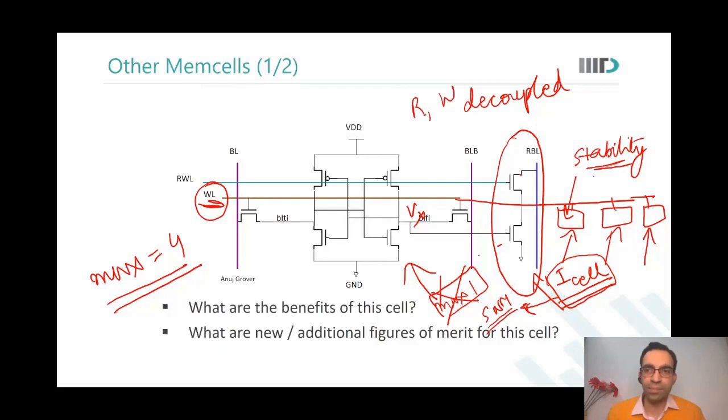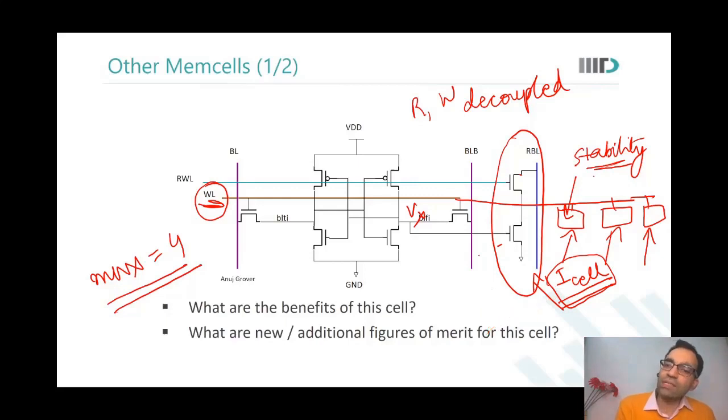So, the new figure of merit, is it the read speed? Read speed or read current, we already had as a figure of merit. Cell current, we already had as a figure of merit. But yeah, the new figure of merit is also linked to cell current though.